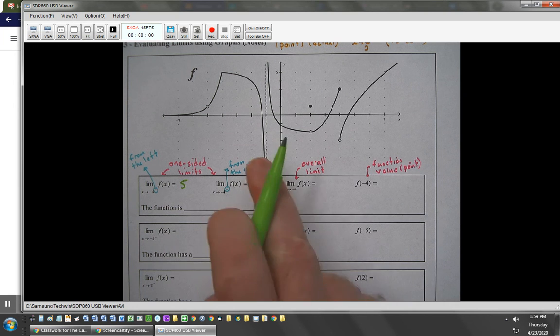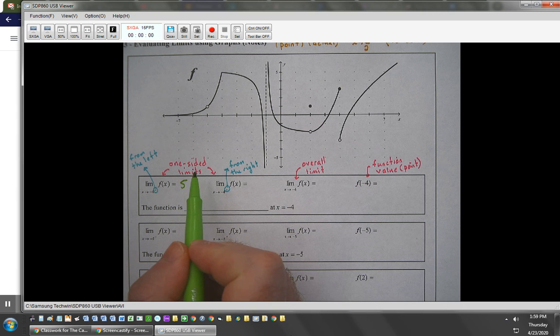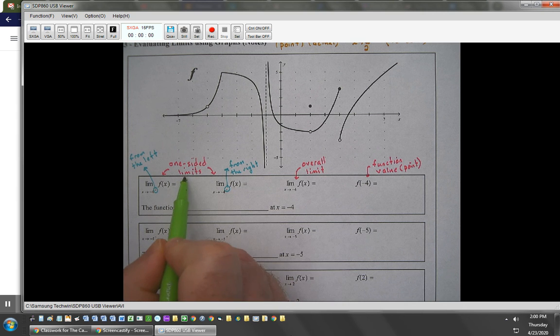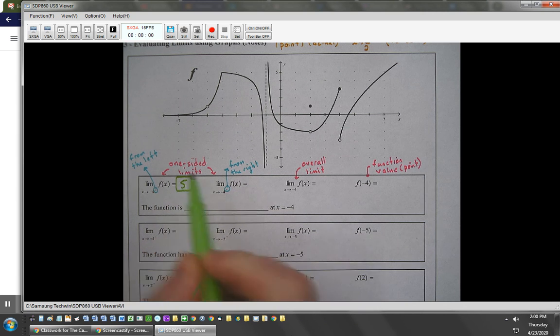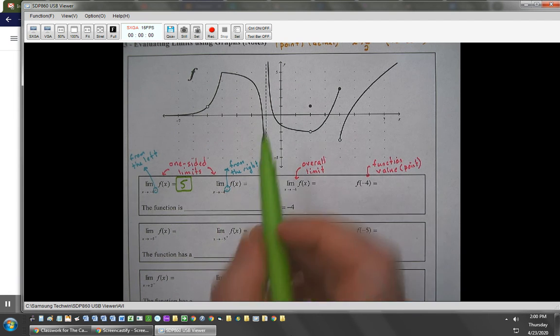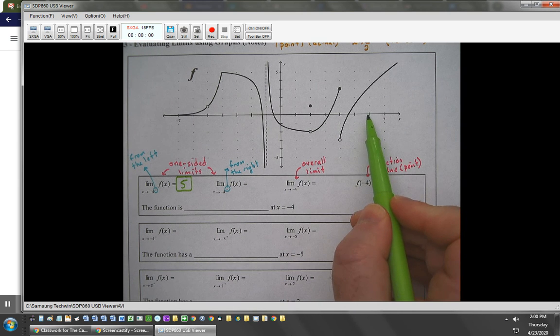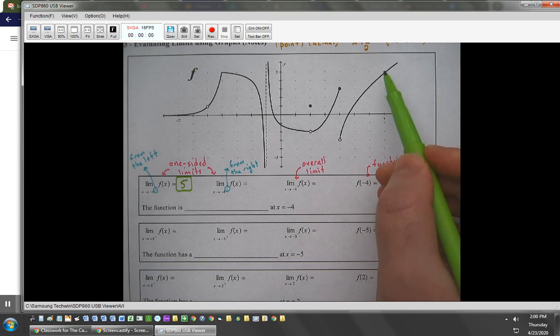All right, now let's check it from the other side. What's the limit as we approach -4 from the right? So now I'm coming in from this side. Now look, this is what I'm talking about. Don't go way down here and start approaching, because you're going to get stuck.